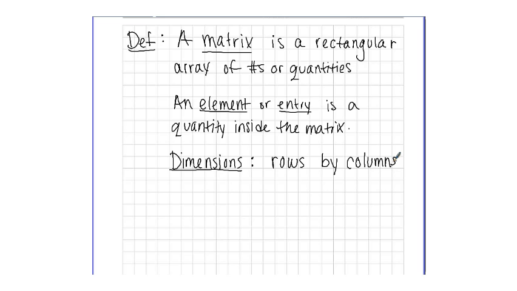So an example of a matrix, we'll call this matrix E. So normally matrices are given names with capital letters. We could draw this matrix right here. So matrices are inside of square brackets, and they are just rows of numbers.